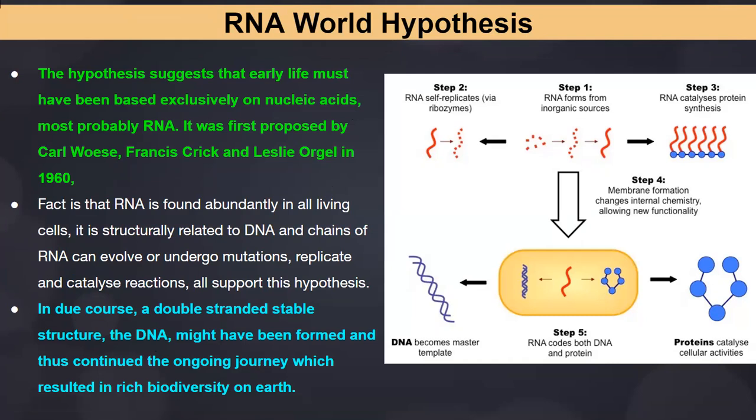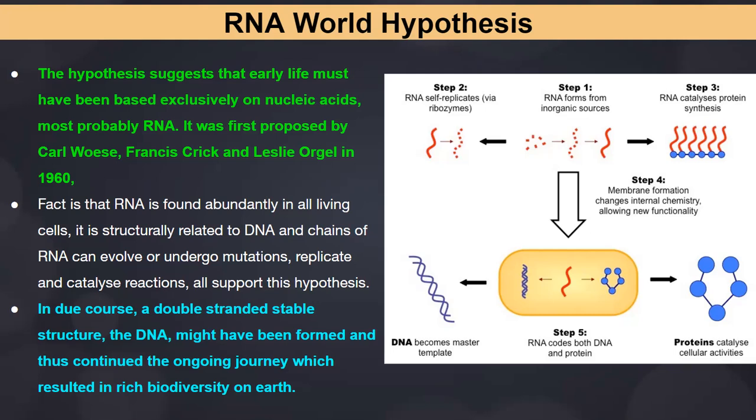Basically, you can assume that these ribozymes, the RNA, wherever they are found, underwent repetitive replication, and then mutation took place. Different varieties of RNA, varying sizes and various functions, were prevalent at that time.